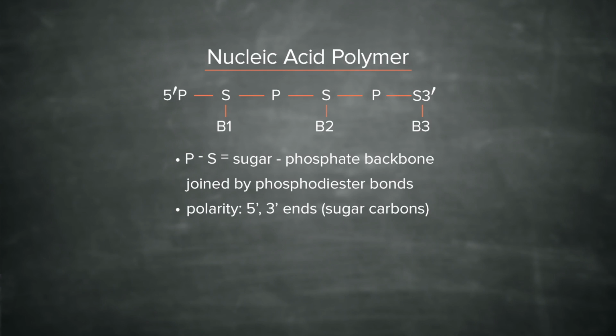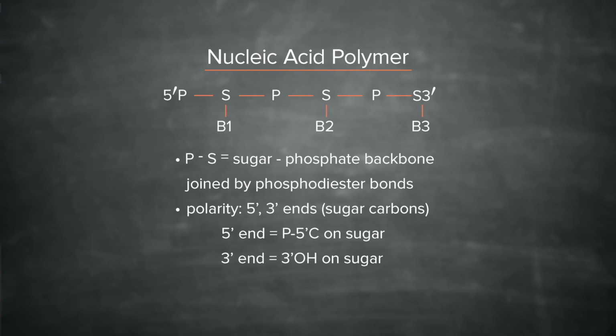So the 5' end is the phosphate that's joined to the 5' carbon on the sugar. And the 3' end is the 3' hydroxyl group that, again, is on the sugar.